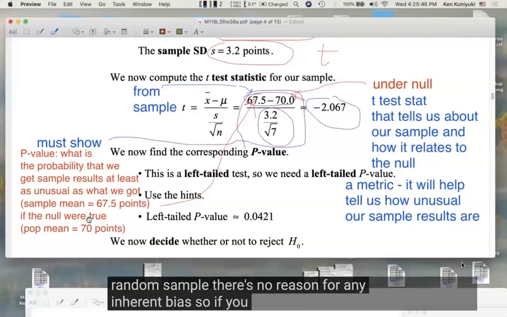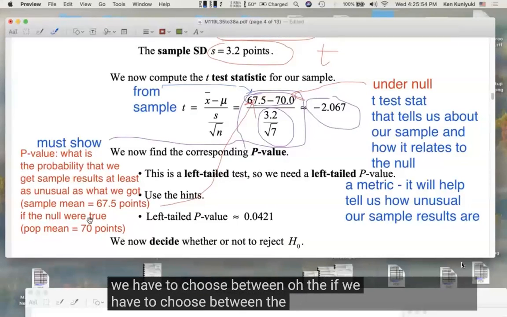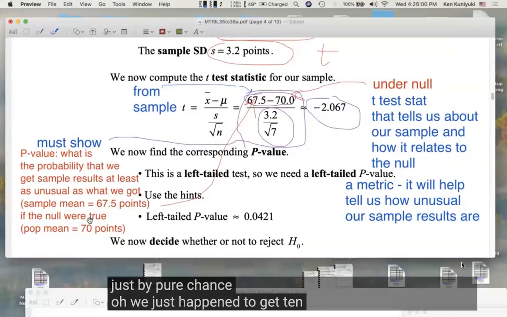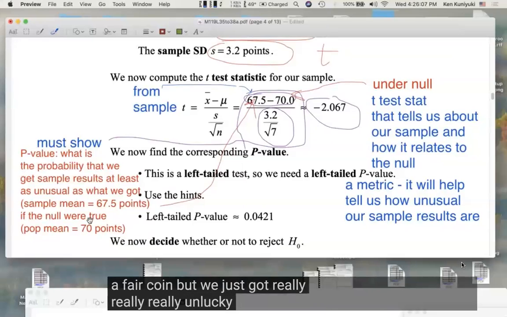So if we have to choose between the sample being really, really unusual just by pure chance, oh, we just happened to get 10 heads on 100 flips from a fair coin, it was a fair coin, but we just got really unlucky with the heads.